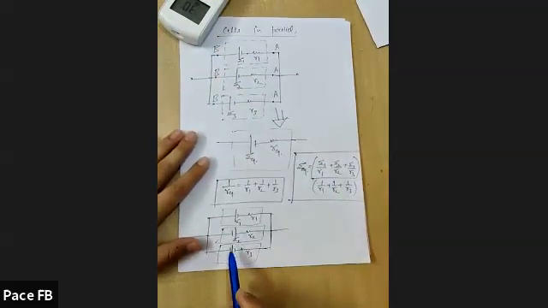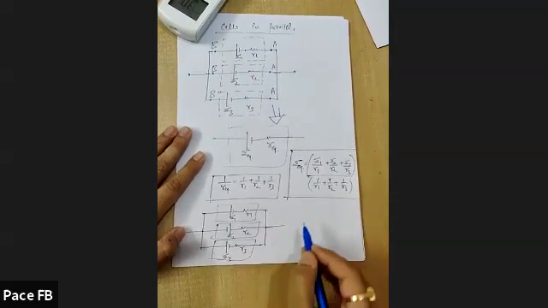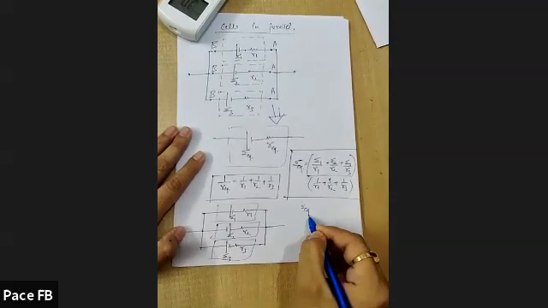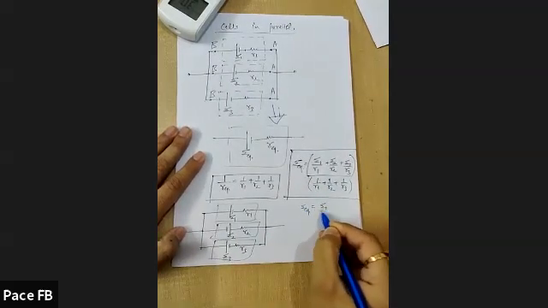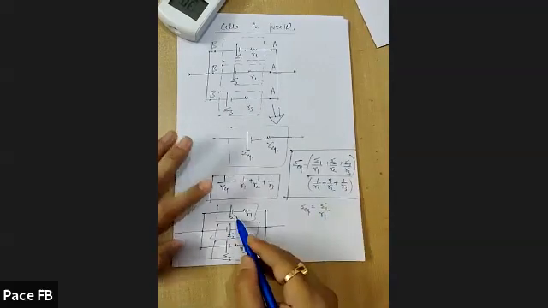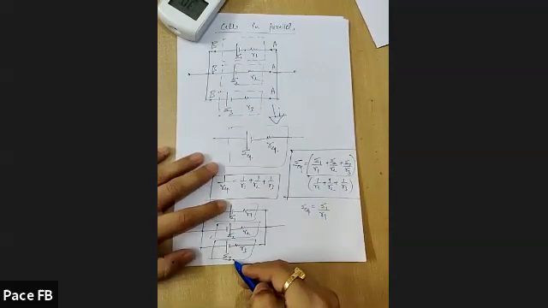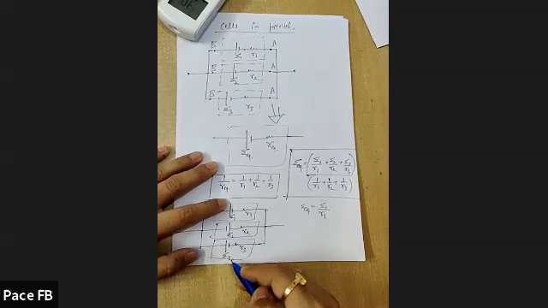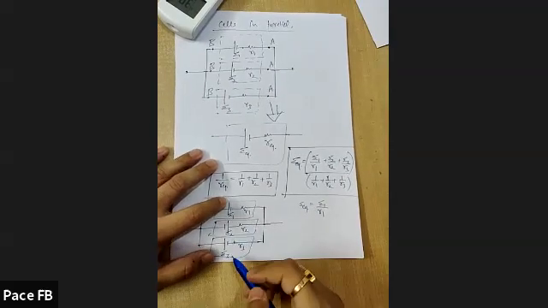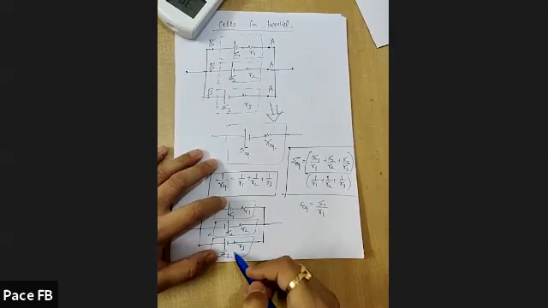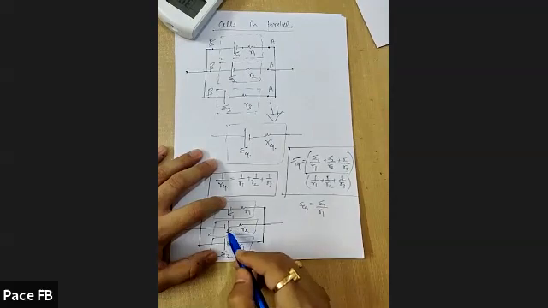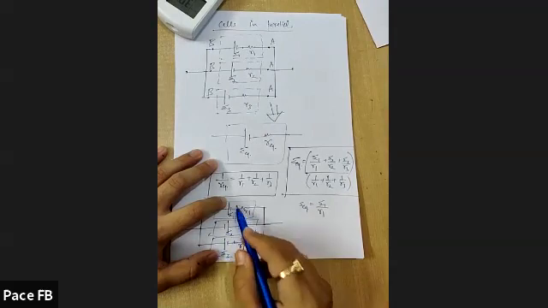But if you have a circuit like this, then E equivalent would be how much? E equivalent would be E1 upon R1, and E3. E1 and E3 are having positive terminal on left hand side, whereas E2 is having positive on right hand side. It means E2 is out of order if we compare it with E1 and E3.